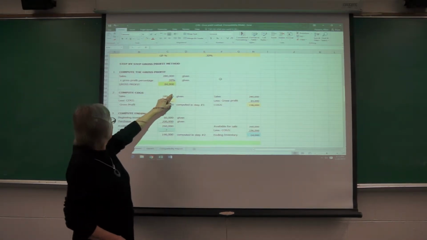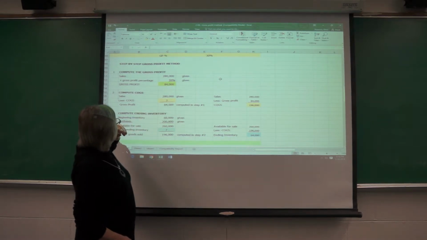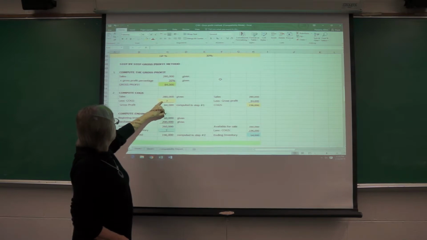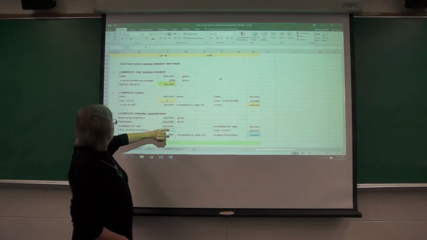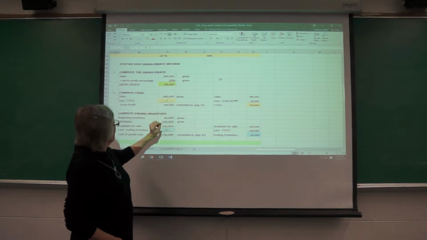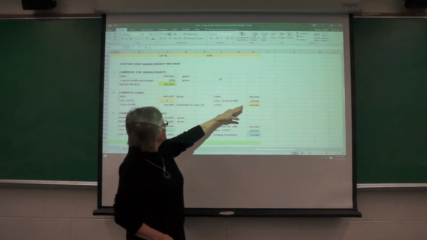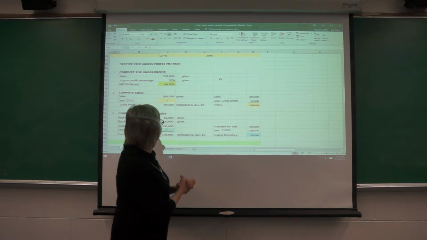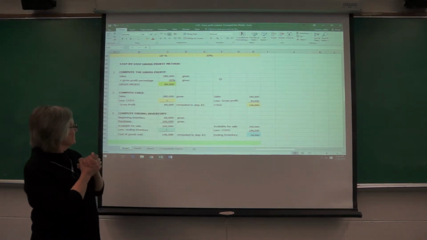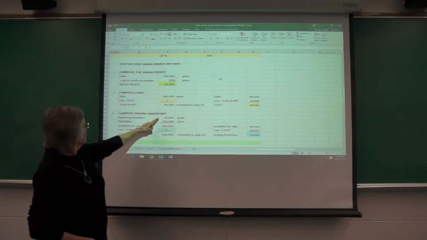So far, so good. Then you want to compute cost of goods sold. Your sales minus your gross profit is going to give you your cost of goods sold. Now you can compute your ending inventory because you get your beginning plus purchases, which is available for sale.